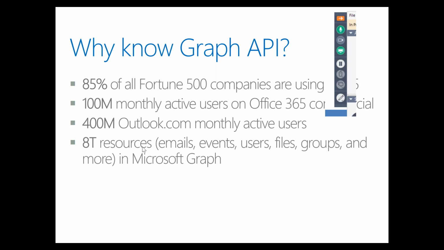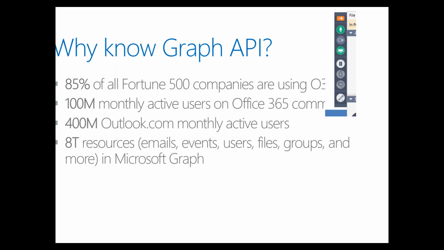And there are a total of 8 trillion resources, if you count together the emails, events, files on OneDrive, groups, and everything, which you can access using the Microsoft Graph. That's why it's important for you to know how to work with Graph API, and the very first step is how to work with Microsoft Graph Explorer.